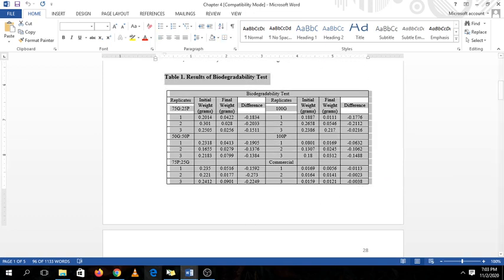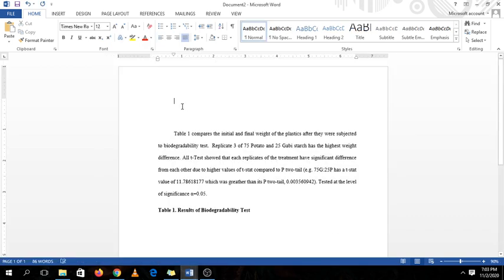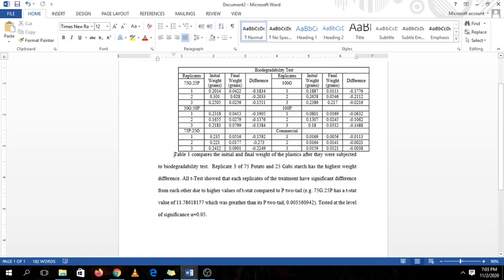So this is our research when we were in college. So mauna ang table, the title, then discussion sa dalom.